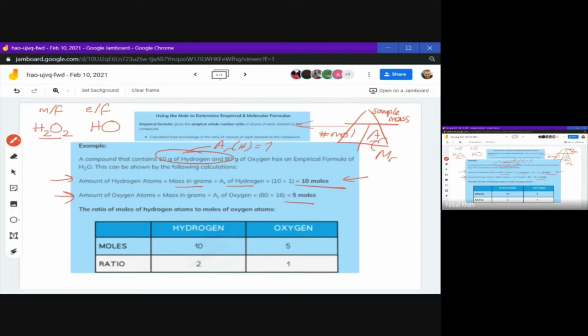So you're talking about a sample of a compound, right? That has 10 moles of hydrogen, 5 moles of oxygen. All right. It is H2O, so that does make sense, because you would expect to have 10 moles of hydrogen atoms. Should say. Okay, I should mention. Should have 10 moles.